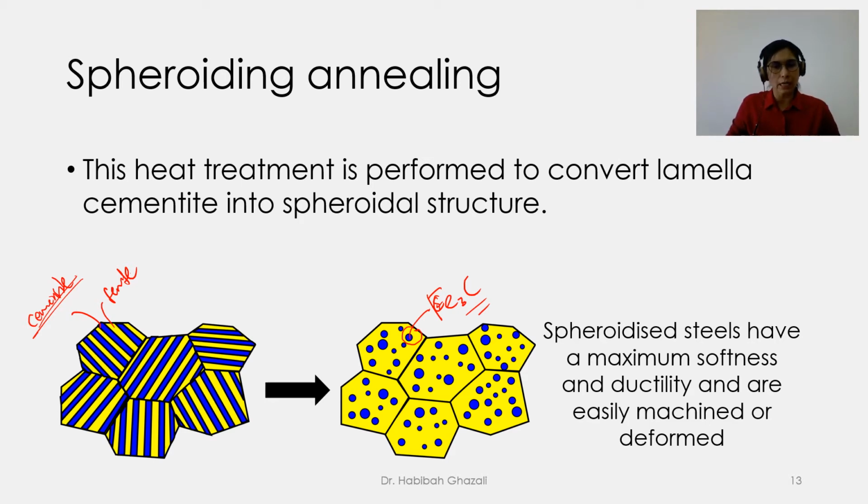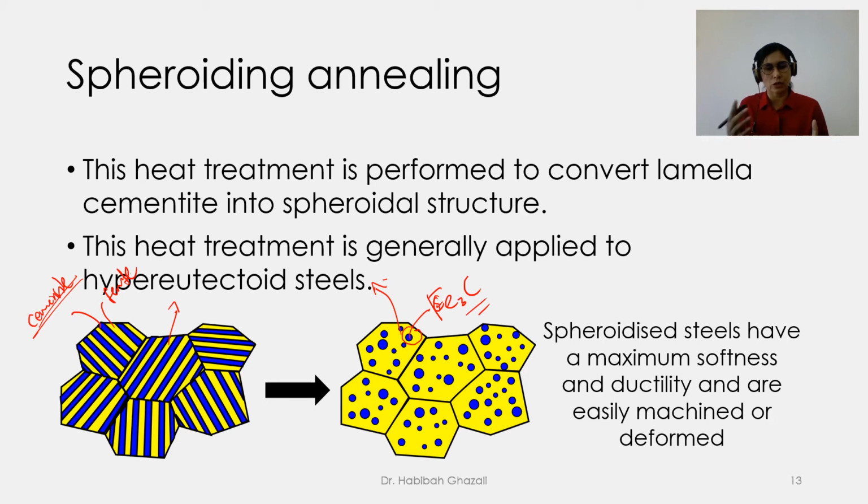So this is why we conduct this heat treatment. As you can already predict by now, I hope, this microstructure will be harder than this microstructure. So we want to be able to easily machine these materials. What we need to do is conduct this heat treatment that we call spheroidizing, and this will convert the stripped cementite into spheroidized cementite.